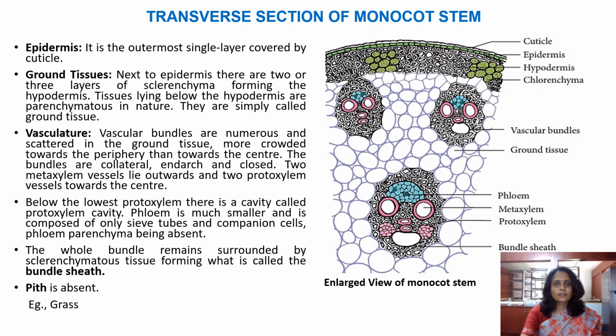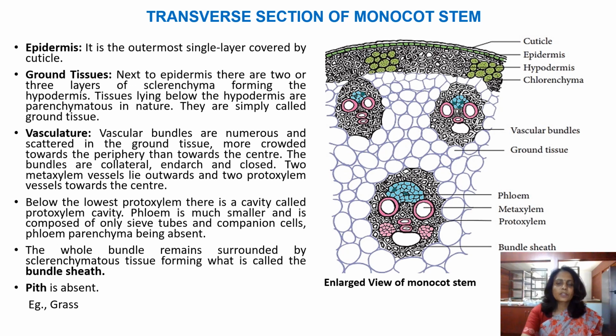In this slide, we can typically see the internal details of a monocot stem. The best example is that of a grass stem or a maize stem, where the outermost layer is the epidermis surrounded by a thin layer of cuticle.